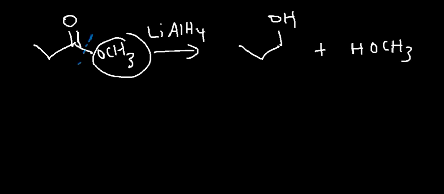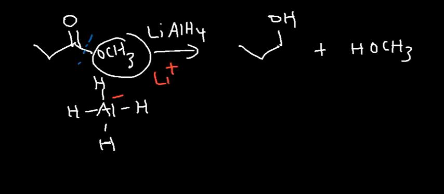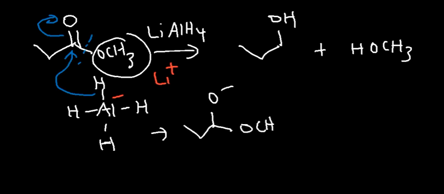But let's show the mechanism for this step. So just like boron, aluminum has a negative formal charge, and lithium has a positive charge. And then one of the hydride ions attacks the carbonyl carbon. Now, chlorine was a very good leaving group.